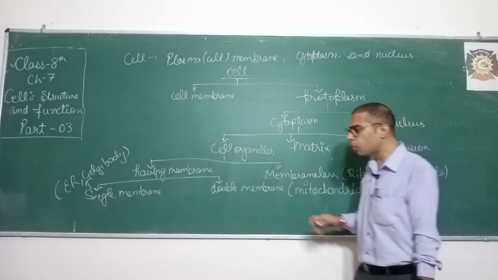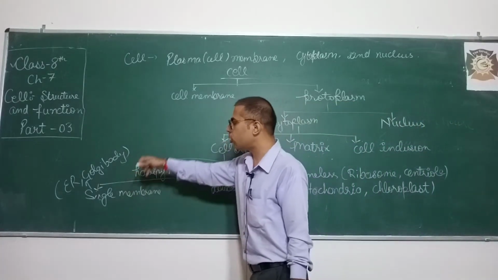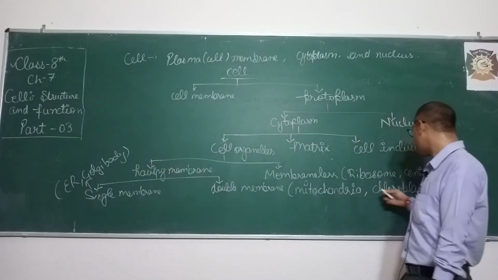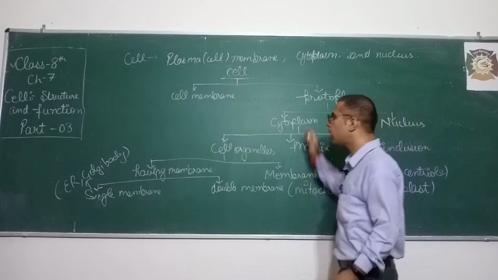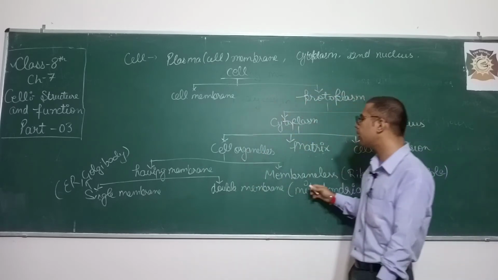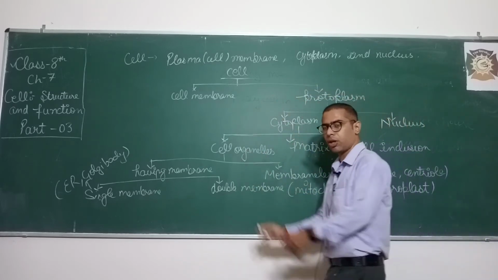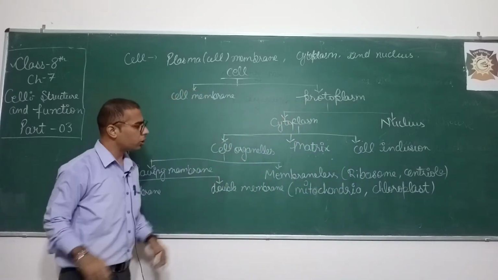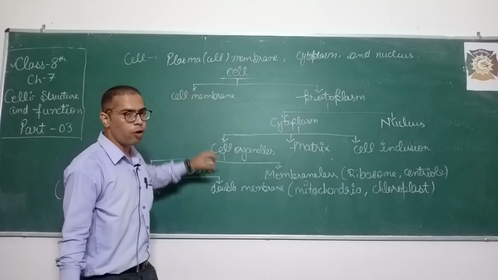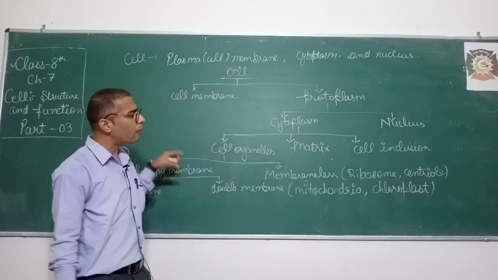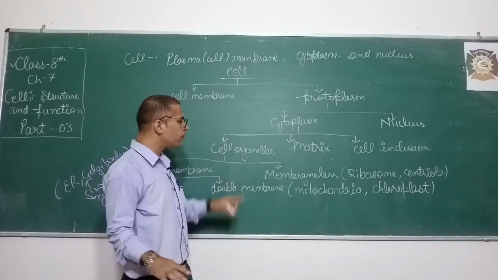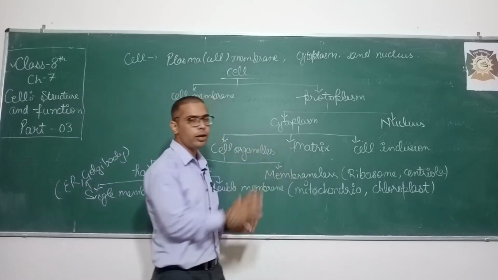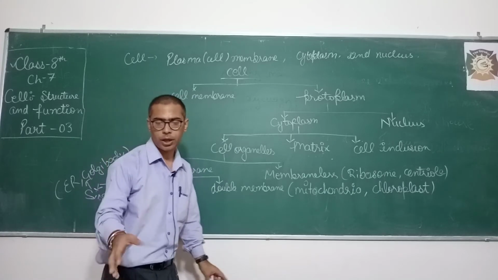We are going to study all these in the category of cell organelles in this chapter. This is a brief and short description of what we have to learn. Don't worry students, we are going to study each and every term in detail in this chapter.